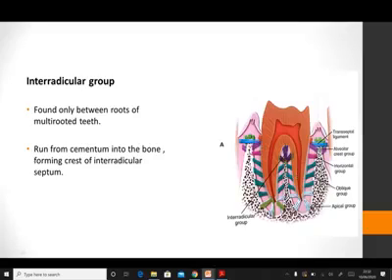Then we have the interradicular ones that are only present in multi-rooted teeth, and they run from the cementum in the interradicular region and get inserted into the interradicular bone here, the bone basically dividing the two roots.